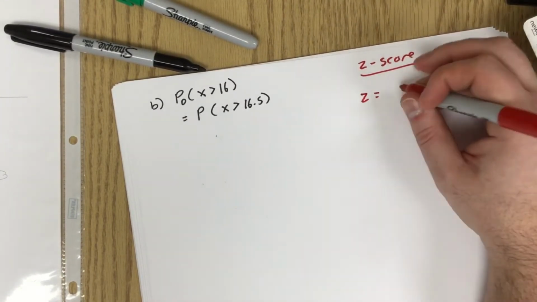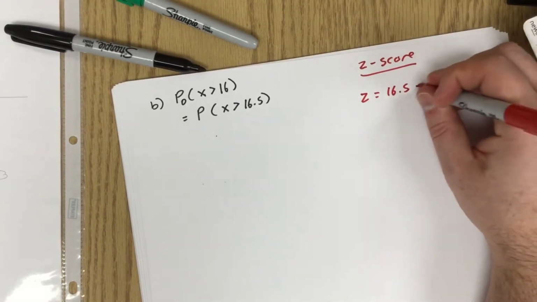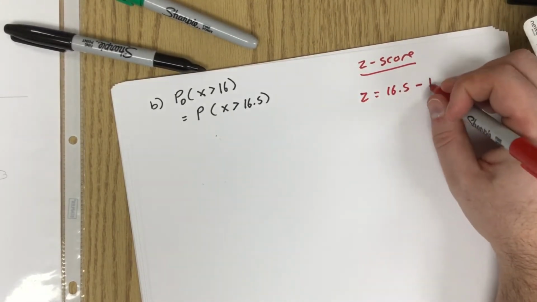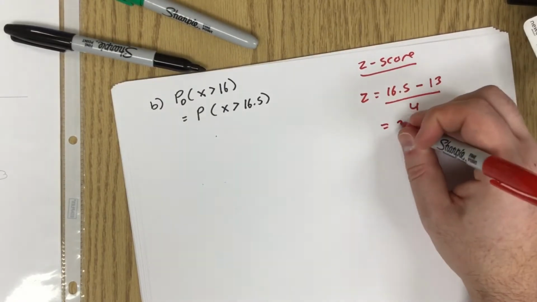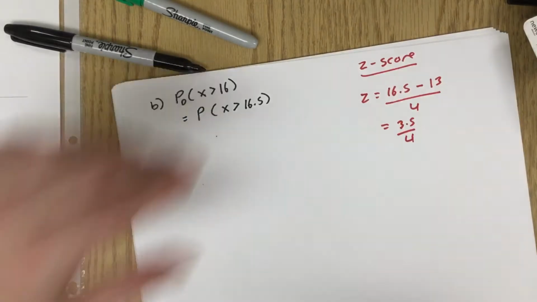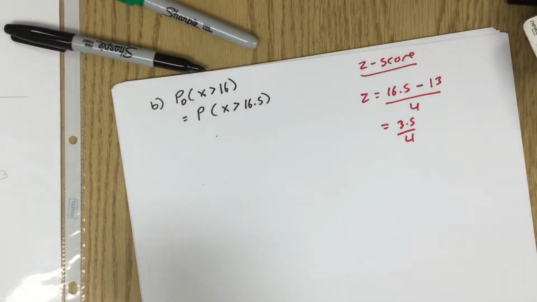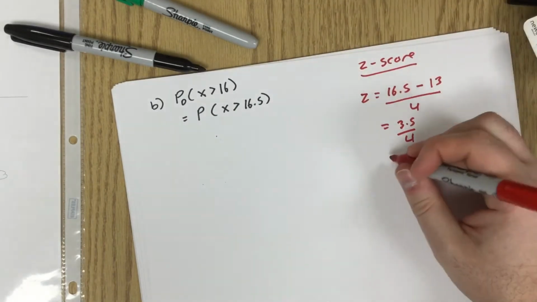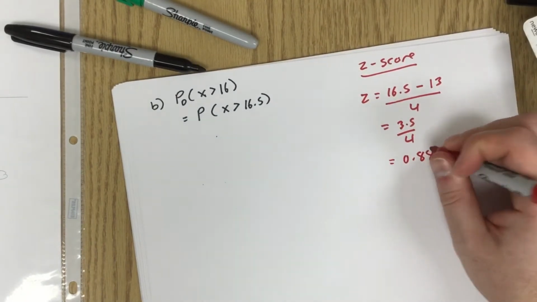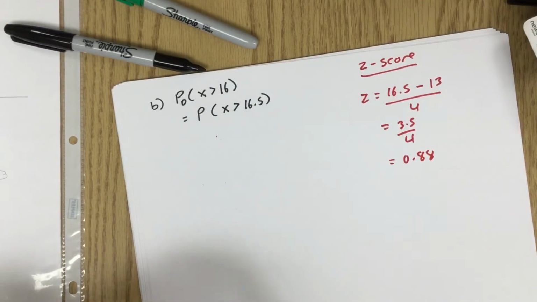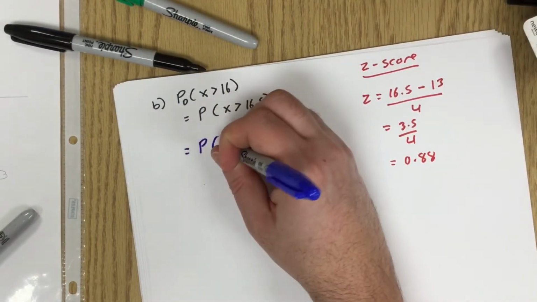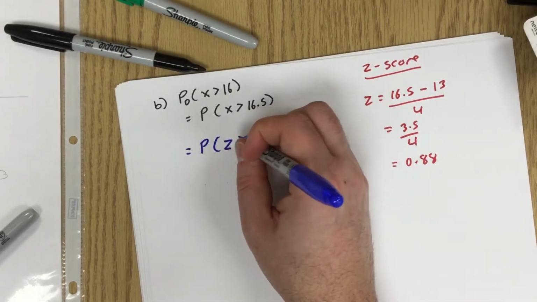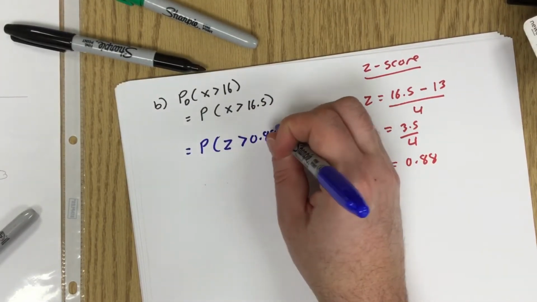So the z-score is equal to x minus the mean over the standard deviation, which is going to be 3.5 on 4, which is 0.88. So this now becomes the probability that z is bigger than 0.88.